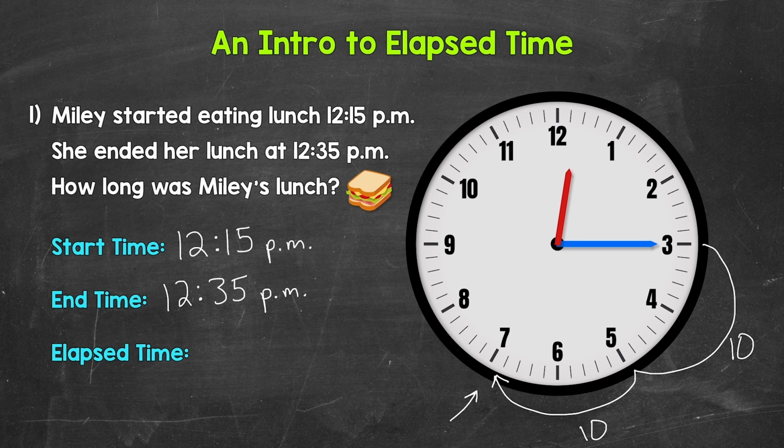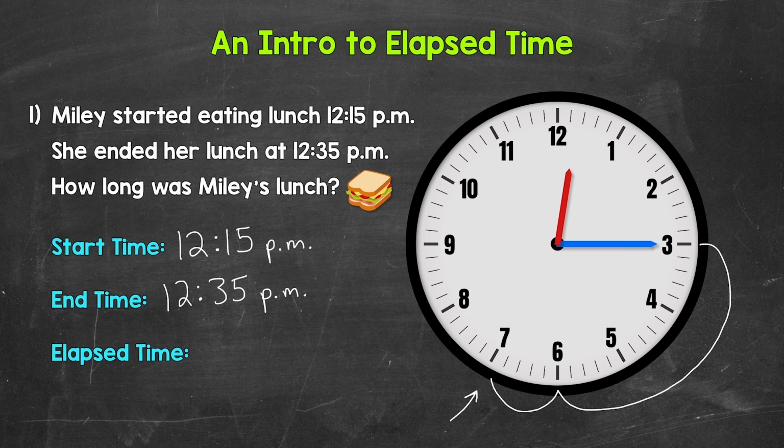Let's clear that and do one more strategy. Now for our last strategy here, if you're really starting to understand time, you may think, well, it takes 15 minutes to go from 12:15 to 12:30, and then we have another 5 to get to 12:35. So 15 minutes plus 5 minutes gives us that 20 minutes as well.